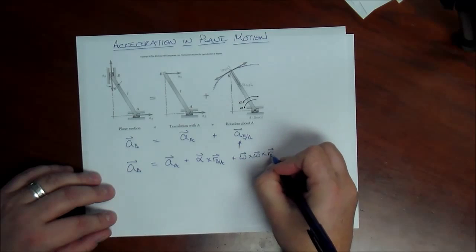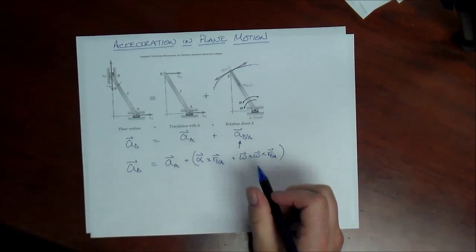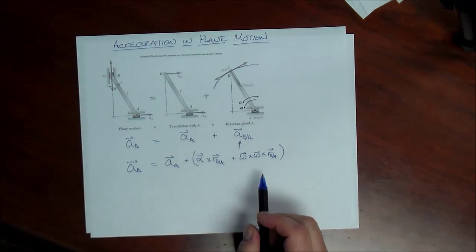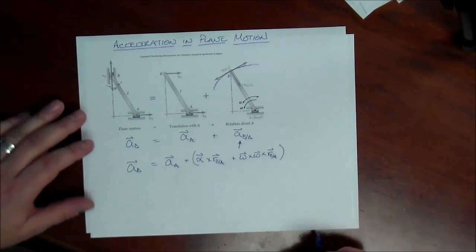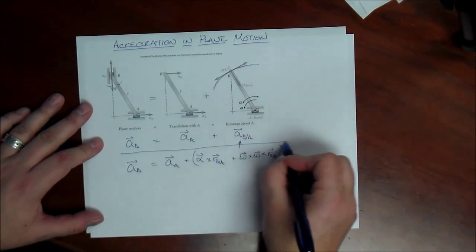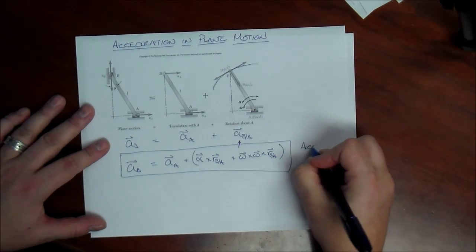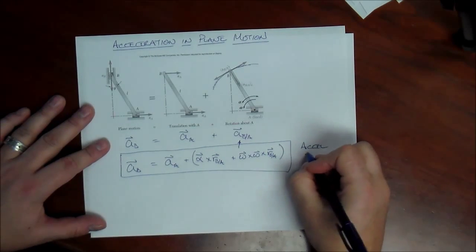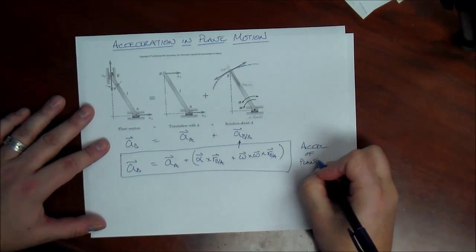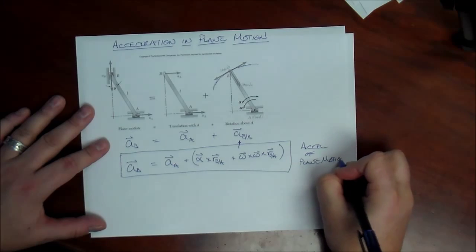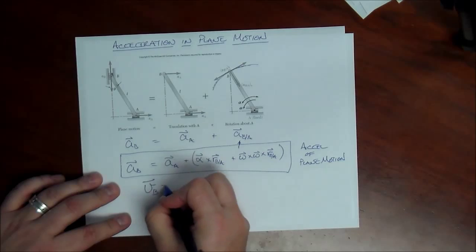And again, r is B relative to A. So these two are the terms for the rotation about a fixed axis, acceleration of a point, and this is the translation point. So this equation is the kinematic relationship for acceleration of a rigid body in plane motion. Okay, and that is paired with the velocity equation.